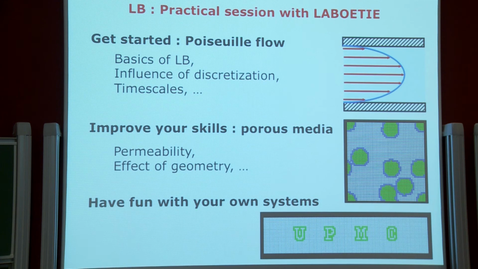And because we have a simple analytical solution in that case, you will have to find that solution in the first minutes of the practical session, and we'll help you with that if it's complicated.